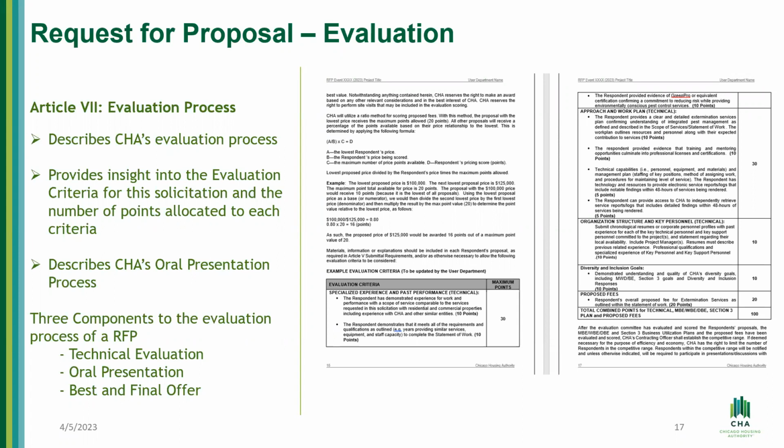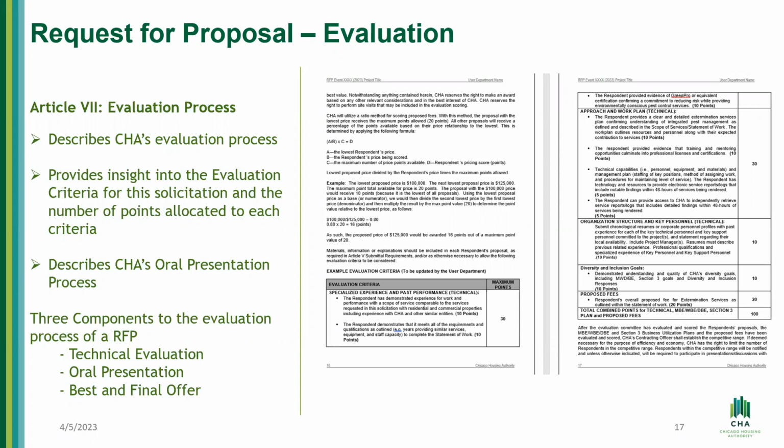The technical evaluation process has a total point value, and the submittal requirements from the respondent will be evaluated and scored, as you can see in this table. In this table, you will see the value points for each requirement of the evaluation criteria.